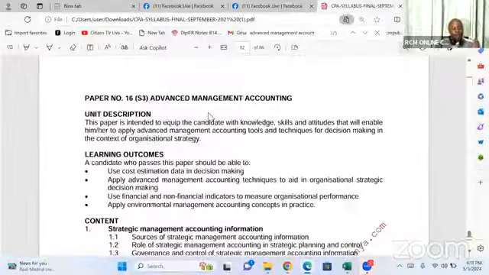Ladies and gentlemen, of course, we know as accountants, we shall always be at the cog of strategic decisions of any organization. We shall be at the center of any decision making regarding the strategy of an organization. And therefore, this gives management accounting an upper hand as a subject, which all accountants should be able to do.